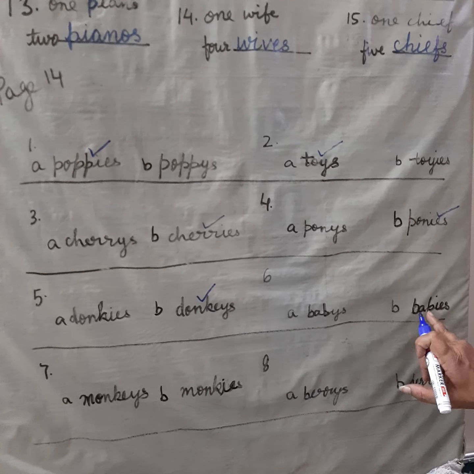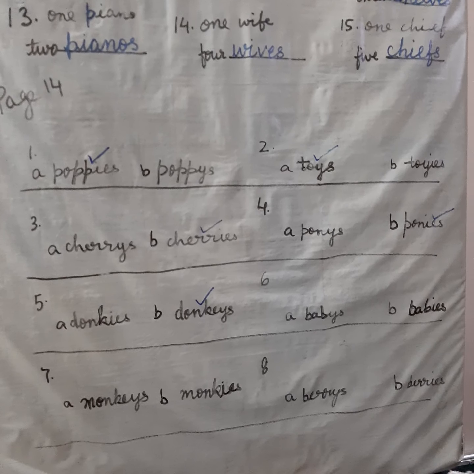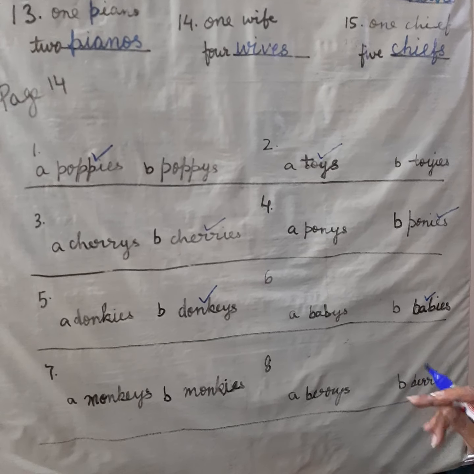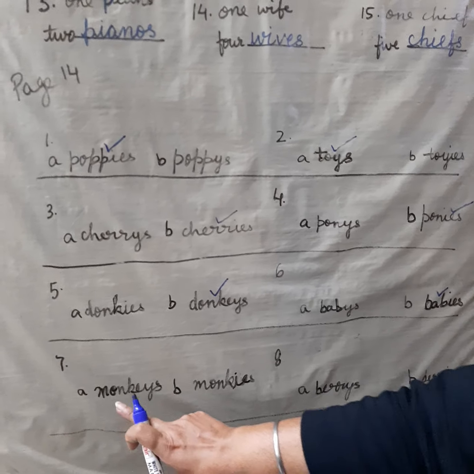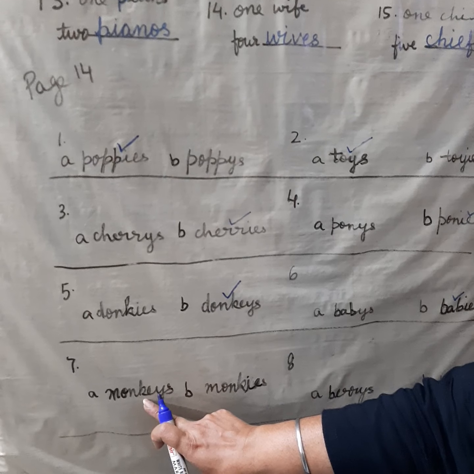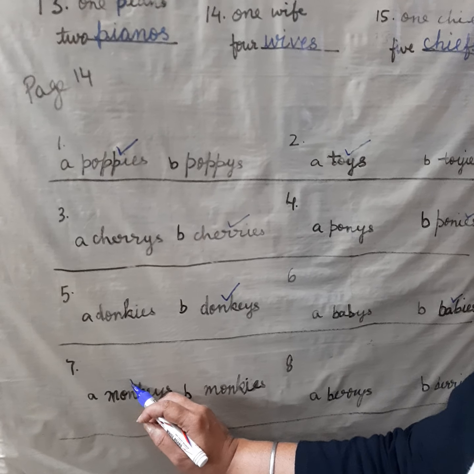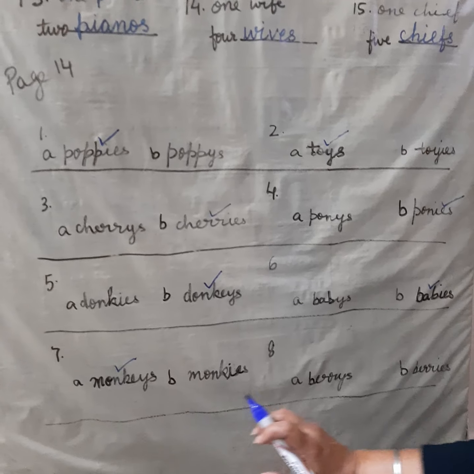Now, babies. Yes, we will replace Y to make it plural. Babies. Monkeys. Again, the second last letter is a vowel, so we will not replace Y and we will simply add S to monkey.